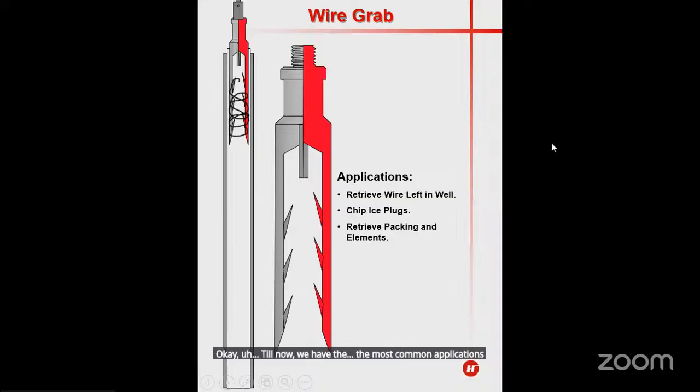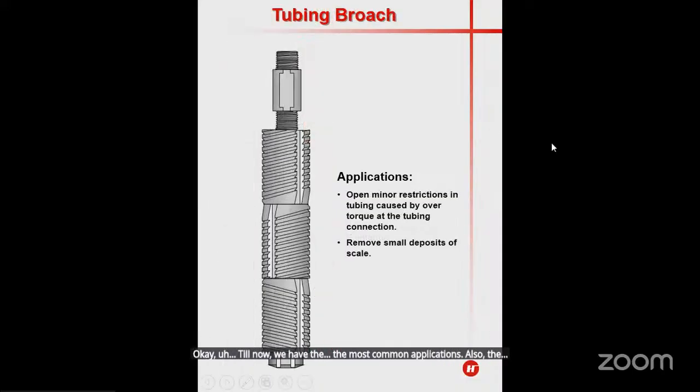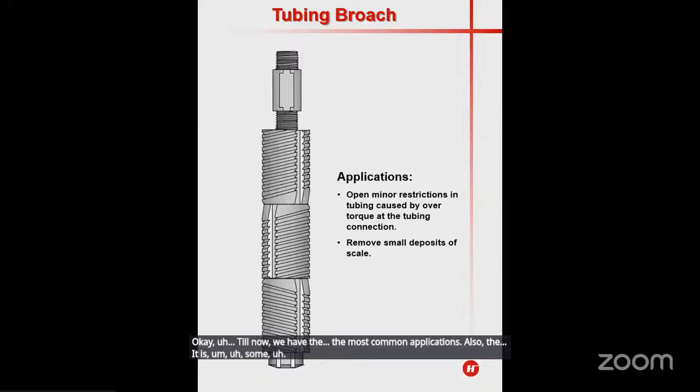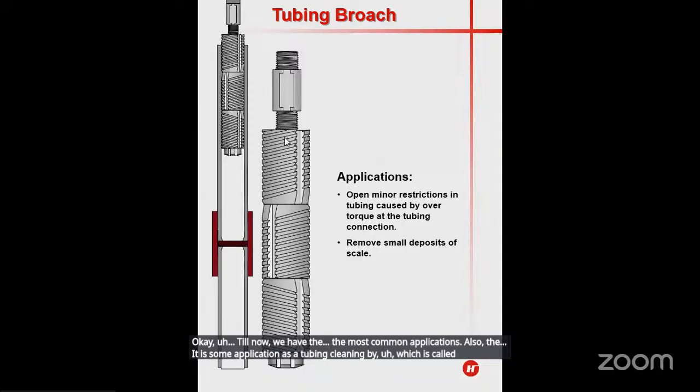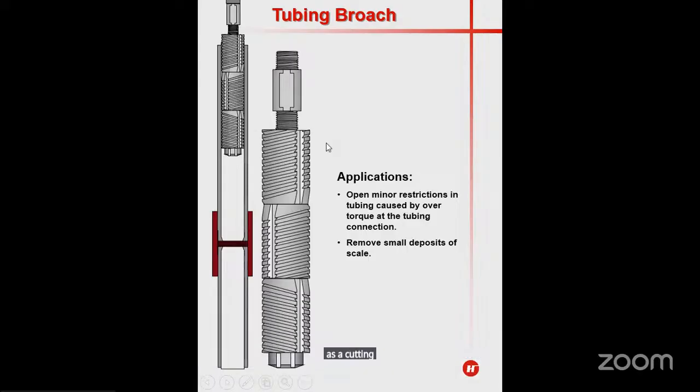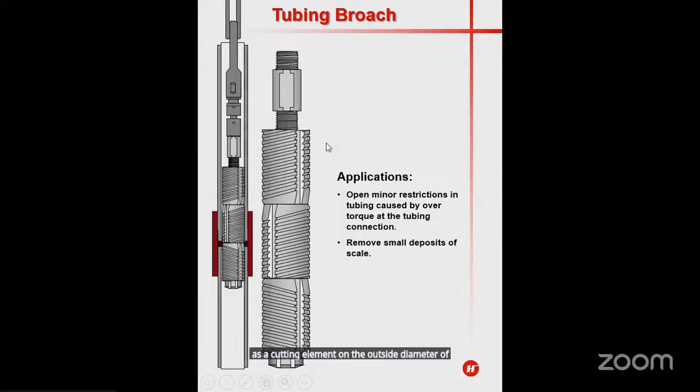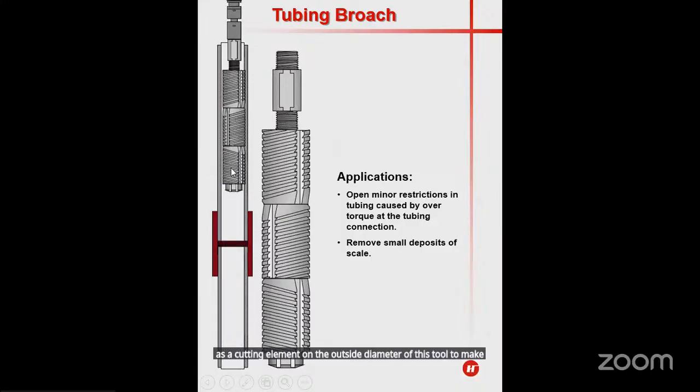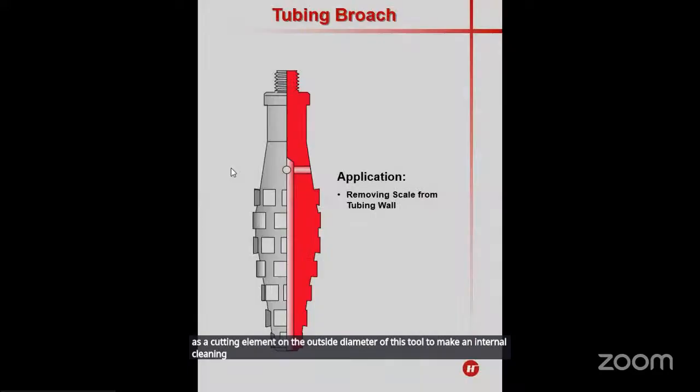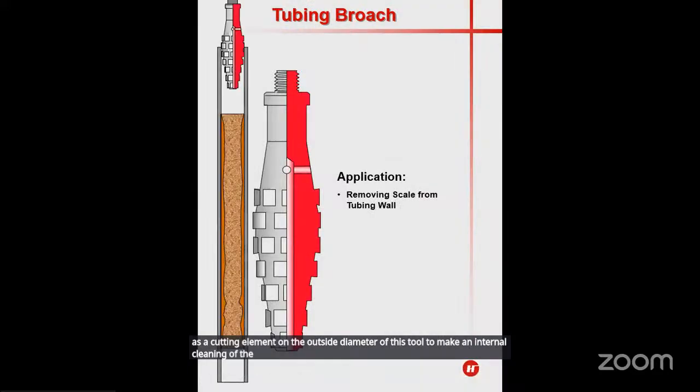Also, there are some applications such as tubing cleaning by what is called the tubing broach. The tubing broach has a cutting element on the outside diameter of the tool to make internal cleaning of the tubing.